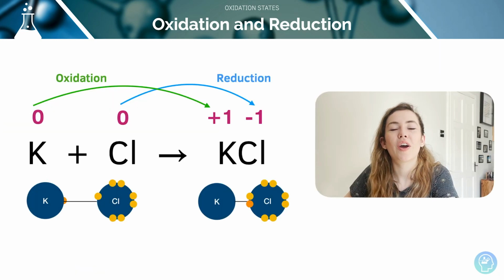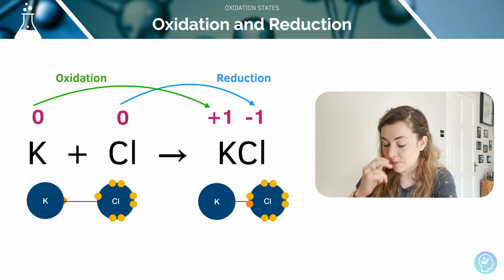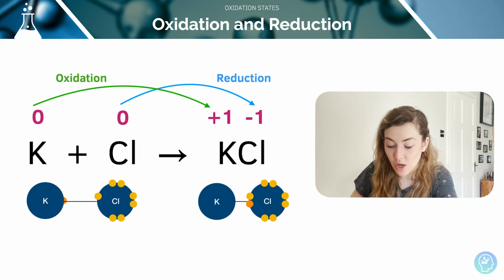Let's have more of a look of what we mean by oxidation state or oxidation number. So we've got number values attached to this. So if we look at the example of potassium chloride, we've got potassium and chlorine reacting. Obviously, these are just their atoms, and we're making potassium chloride. So we can see that potassium has lost an electron. It has fully transferred that electron over to the chlorine. So potassium, losing that negative electron, has now got an oxidation state of +1.